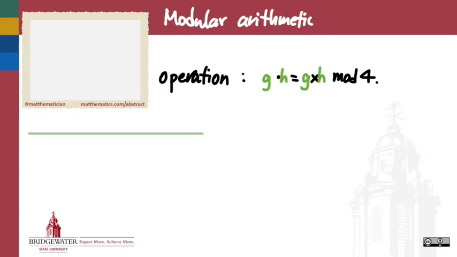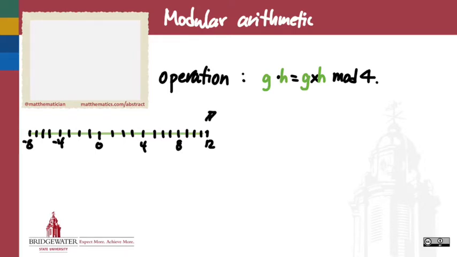If we take the integers, 0, 1, 2, 3, 4, 5, 6, 7, 8, 9, 10, 11, 12, and go the other way, negative 4, negative 8, and so on. So this is a picture of the integers, the black marked numbers on this number line.